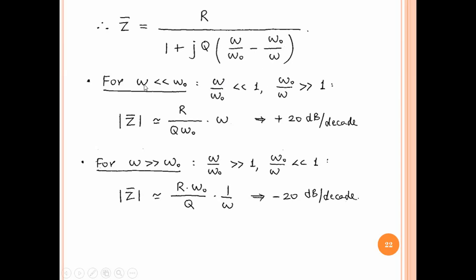So what this is telling us is that for omega much less than omega naught, the inductive impedance dominates over the capacitive impedance, and for omega much greater than omega naught, the capacitive impedance dominates. At omega equal to omega naught, the inductive and the capacitive impedances are equal in magnitude, opposite in sign, and therefore they become zero.